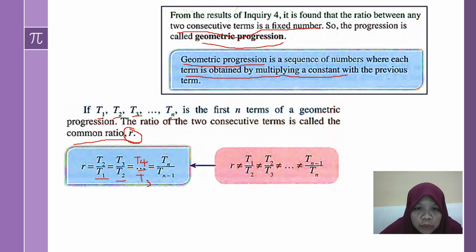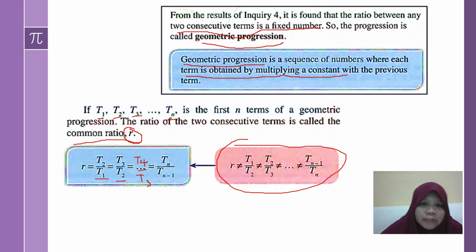And you cannot write it like this: r is not equal to T1 over T2. You cannot. It must be T2 over T1. You must divide by the previous term.